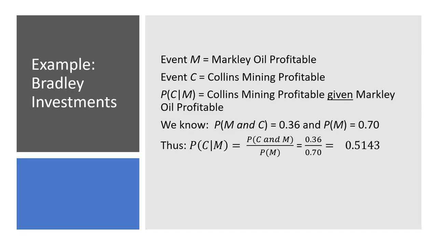So when we use the formula on the previous slide, we look at the portion that satisfies both Collins Mining and Markley Oil, 0.36, out of the probability that Markley Oil is profitable at all, 0.70. We get a value of 0.5143. So what this is saying is if we assume that Markley Oil is profitable, we have a 51.43% chance that Collins Mining will also be profitable.